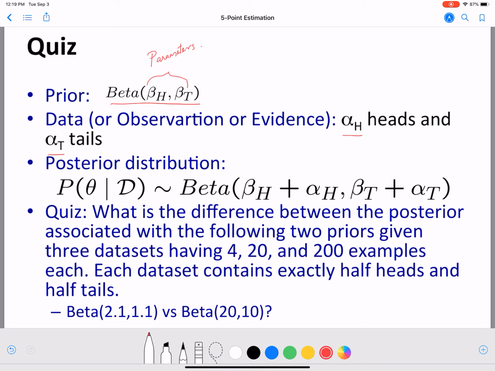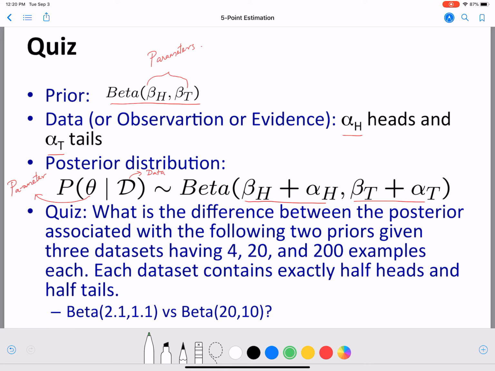And we have derived the posterior distribution, which is P of theta given D. D is data. Theta is the parameter of the coin that we want to estimate. And we derived this to be from a beta distribution with parameter values beta h plus alpha h, beta t plus alpha t.